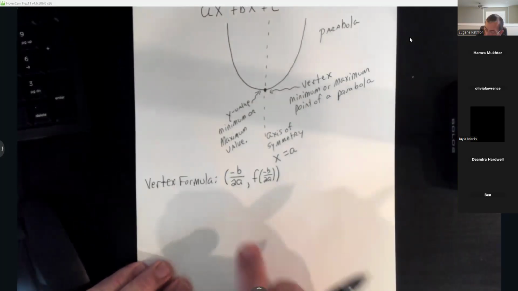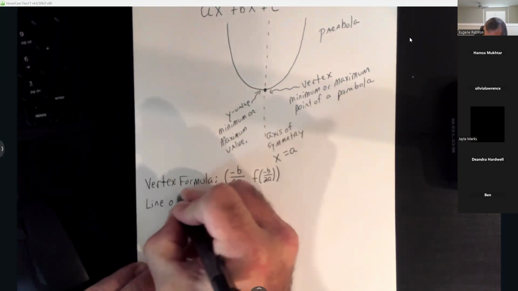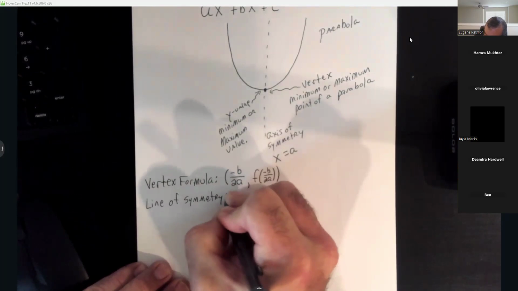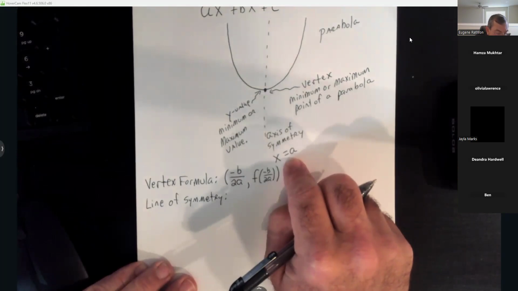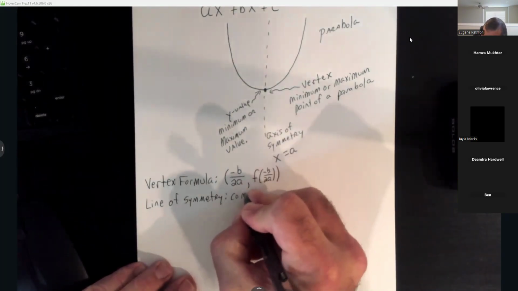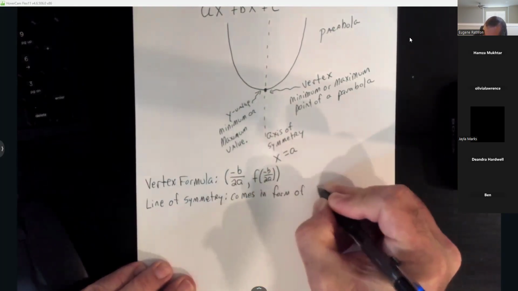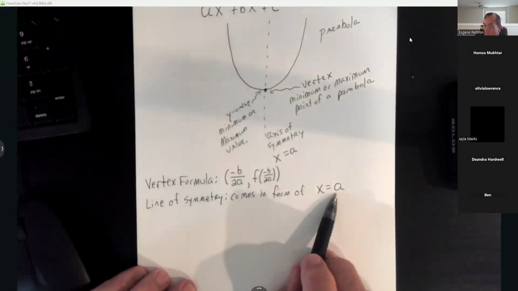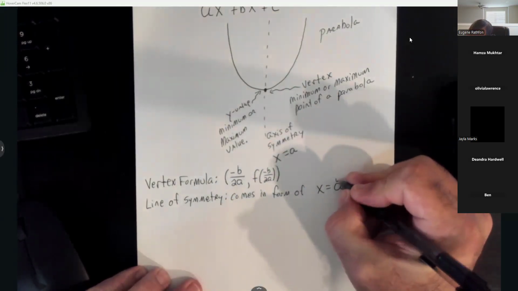Hey, y'all, so I'm going to go back over some things. So the line or axis of symmetry, what we said here, it was x equals a. So it comes in the form of x equals a. So really, a is going to be what you get here, your negative b over 2a.